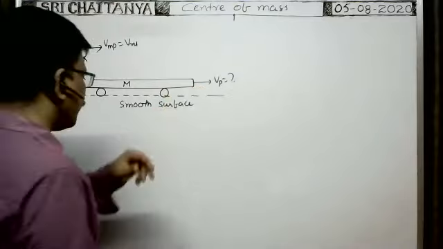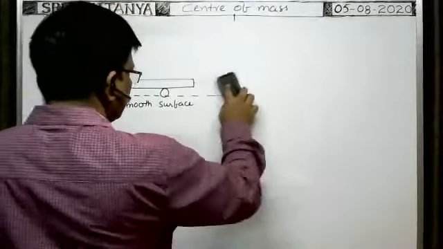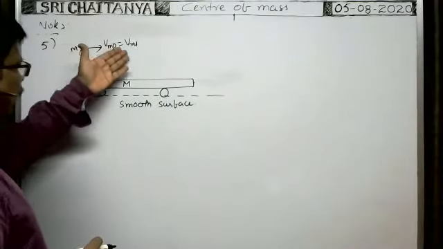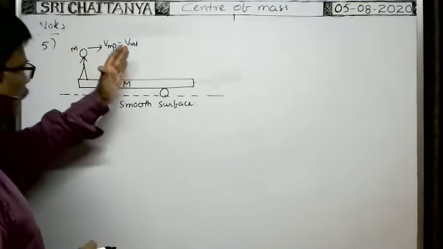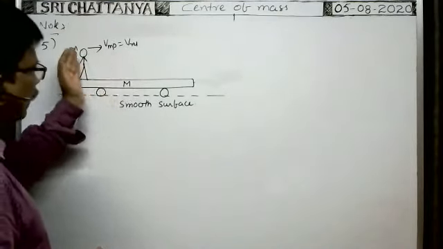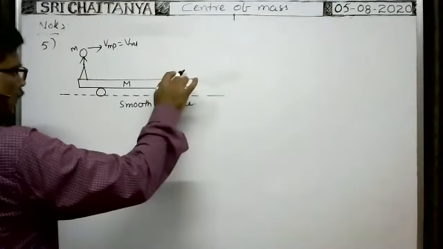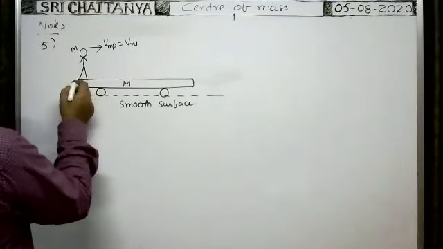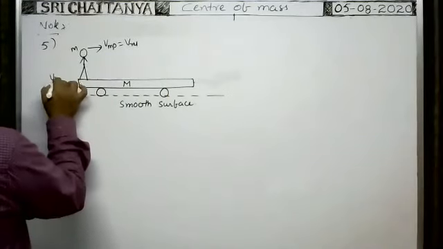Here Vp is not in this direction. Whenever the man runs with a velocity v relative in this direction, while moving forward, as he pushes the plank on which he is running backward, definitely the plank will move in the backward direction. What is the velocity of the plank? We have to find.